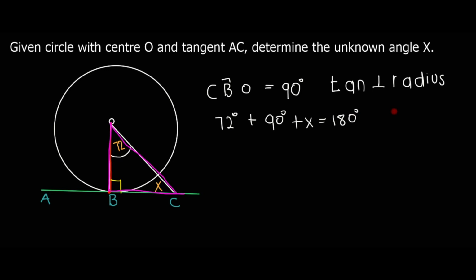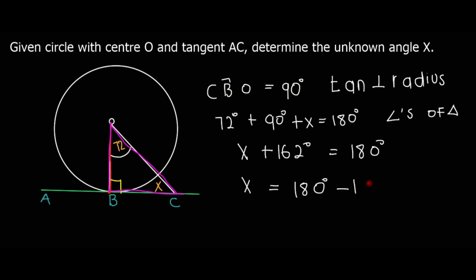The reason is the angles of a triangle add up to 180. And then 72 plus 90 is 162. Now we solve for x: it will be 180 degrees minus 162 degrees, which is 18 degrees. So angle x is 18 degrees. So the answer is in this way.